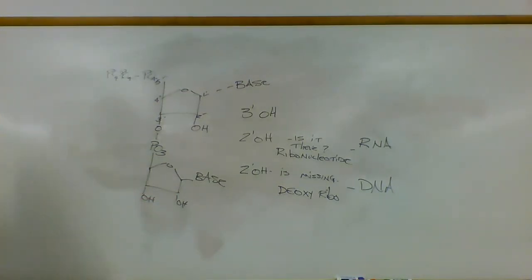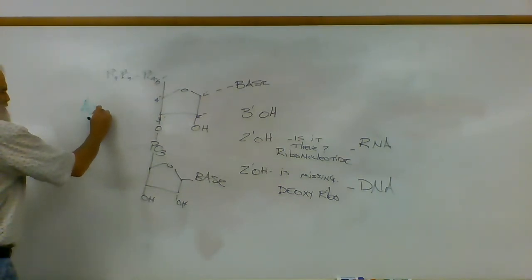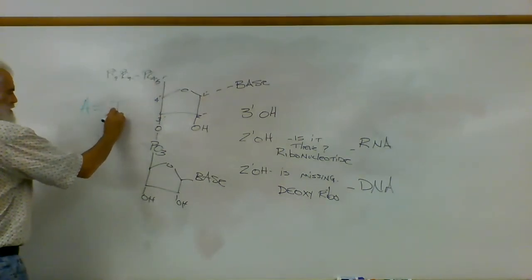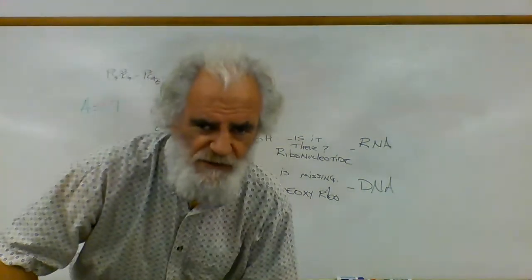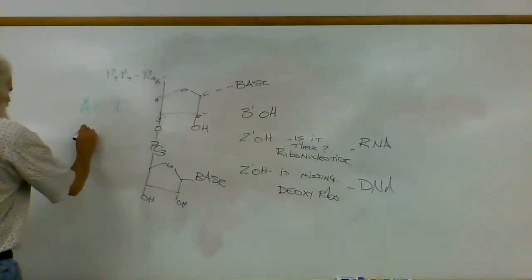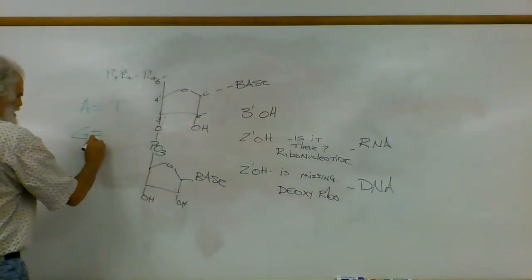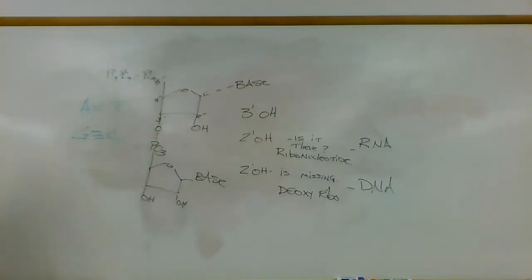And this is how they work: adenines base pair with thymines to make what's known as an AT base pair. Guanines base pair with a cytosine, so you have GC base pairs.